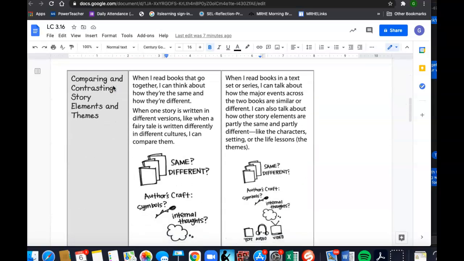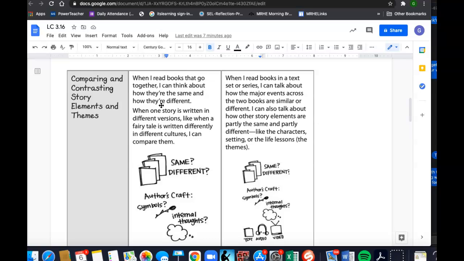So you might be wondering, why are we doing this? Well, it helps us become better readers, and we're always trying to track how our strategies are working, and we're always trying to improve. One way we can do that is take a peek at our learning progression. As I was looking at where maybe we started our third grade year, when you came to third grade, you could just take two books and say, these are similarities and these are differences.